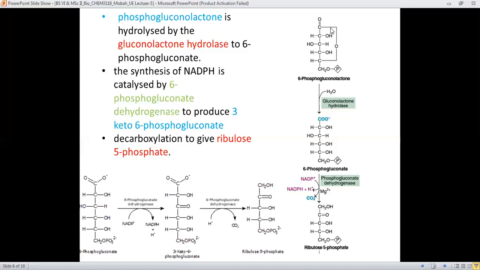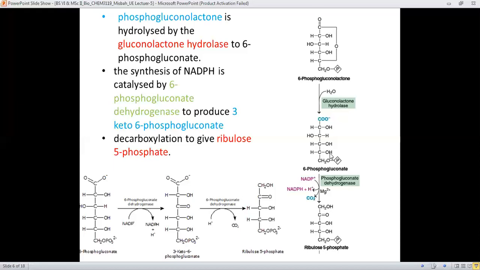When this bond breaks down, the oxygen remains attached with this carbon, and this carbonyl will be converted into OH. Here only the carboxylate anion is represented, not the hydrogen. It's understood that the hydrogen is present here. And when this bond breaks down, the oxygen remains attached with this carbon.